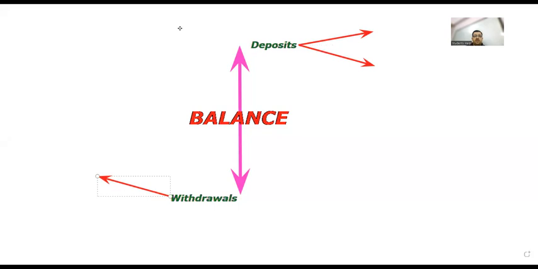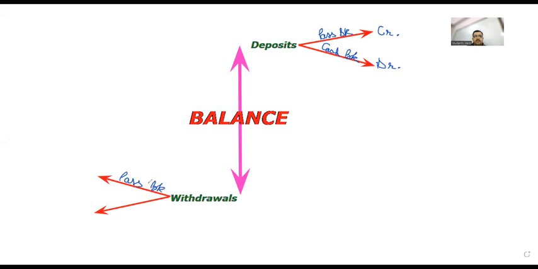So if you talk about the passbook and the cash book, the content is different. In the passbook, children, deposits appear on the credit, whereas in the cash book, the bank column, deposits appear on the debit side.